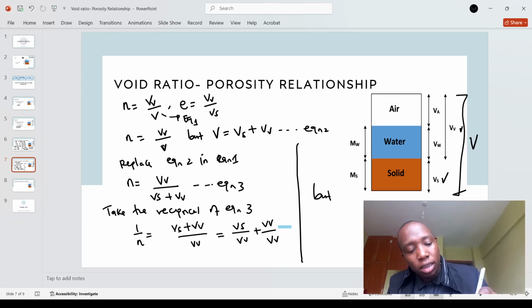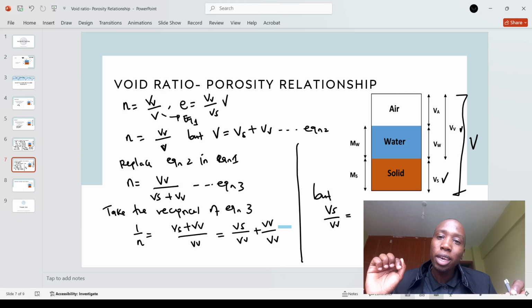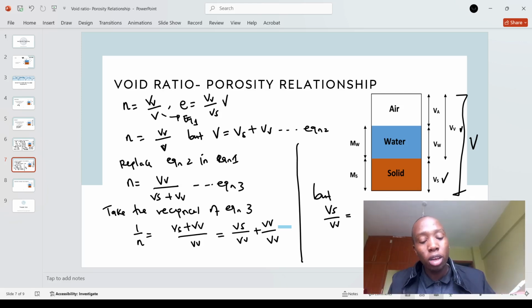But Vs over Vv is the reciprocal of void ratio. I hope you can see that, because void ratio is Vv over Vs. So it is 1 over e.